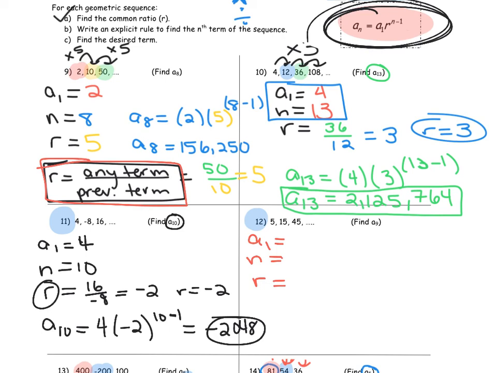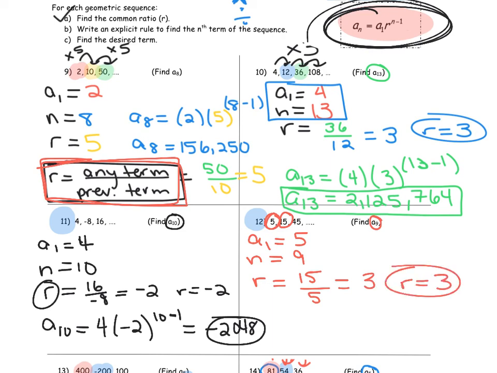So our first term here is 5, and our n value here is 9 because we want the 9th term. Let's take 15, and I'll divide it by its previous term of 5. 15 divided by 5 is 3, so we know that r is 3. That's our common ratio.